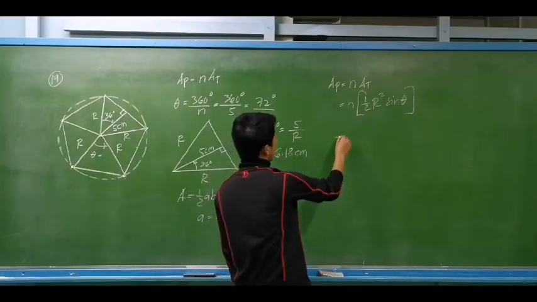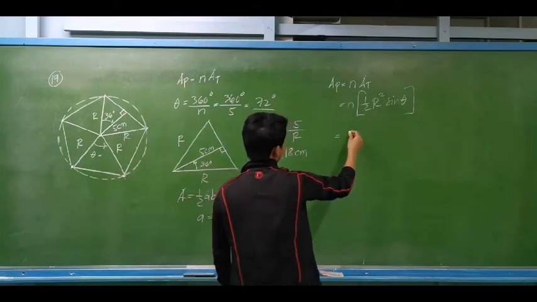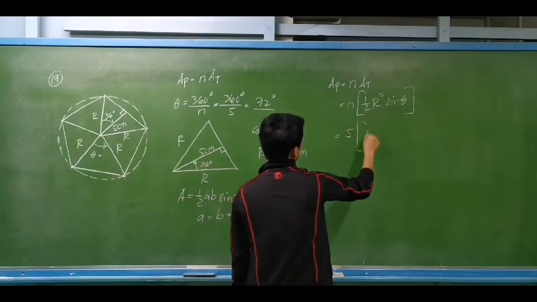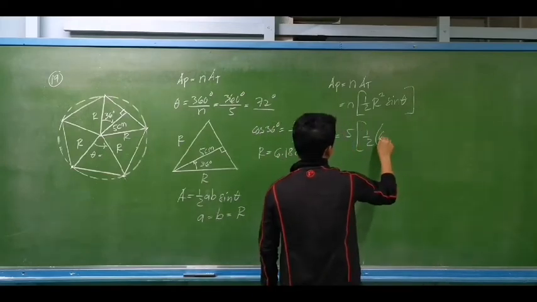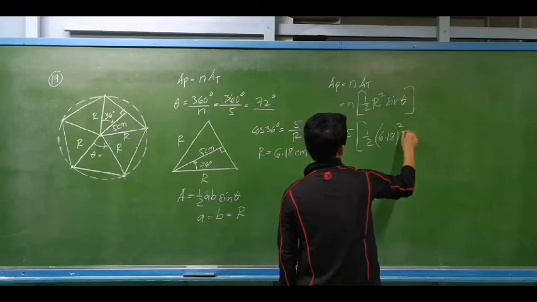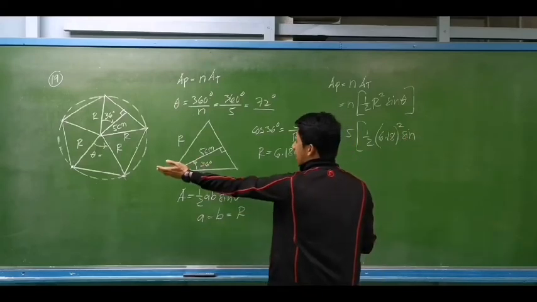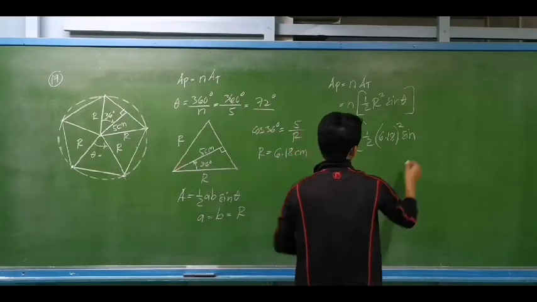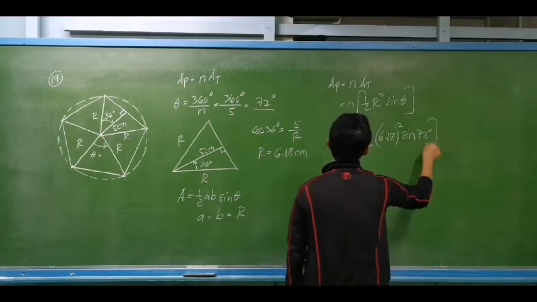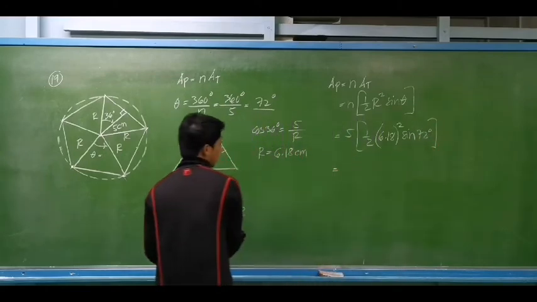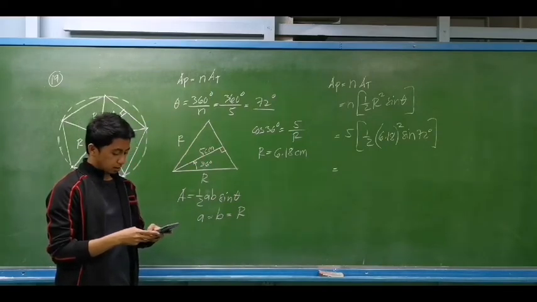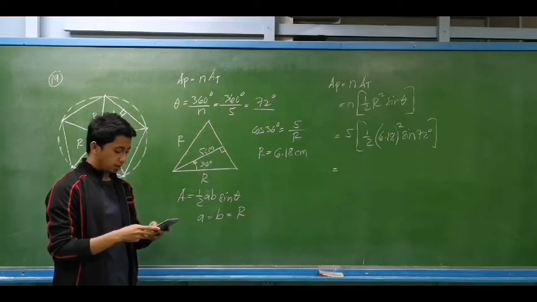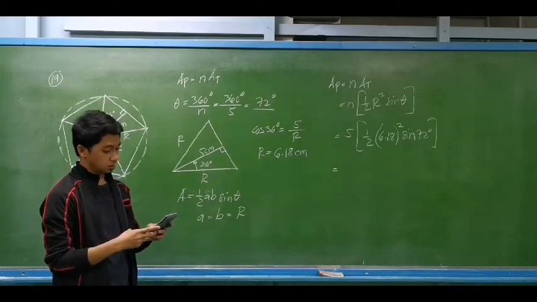So, kunin natin, we have how many sides kapag pentagon? That is 5. Multiplied by 1/2, ano yung na-compute natin na radius? So, this is 6.18 squared. The sine, ano yung equivalent central angle natin? That is yung 72 degrees. So this will be the area of the pentagon. We have 5 multiplied by 1/2 of 6.18 squared, the sine of 72 degrees.